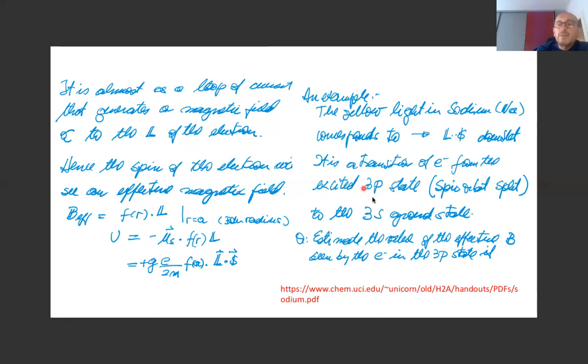The spin-orbit interaction produces a splitting of the state. Instead of being just a 3p state at a certain level, you get a separation between two levels because of the spin-orbit interaction. So the question is: estimate the value of the effective B seen by the electron in the 3p state.